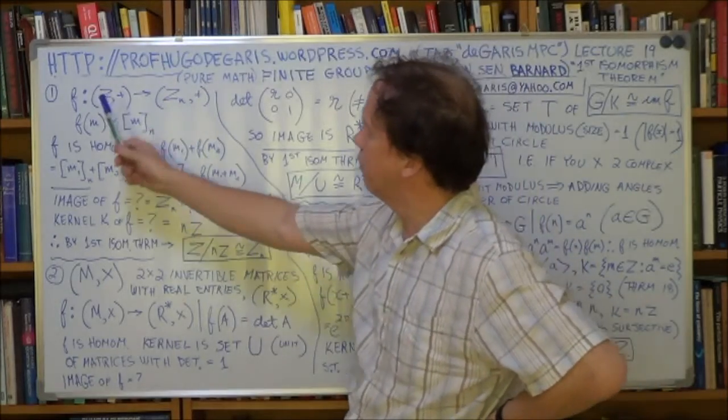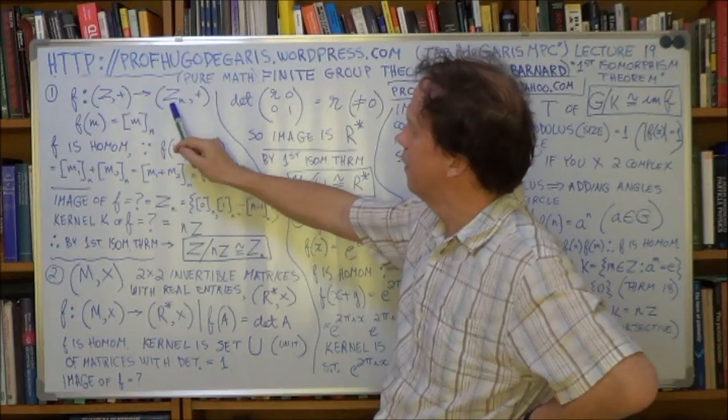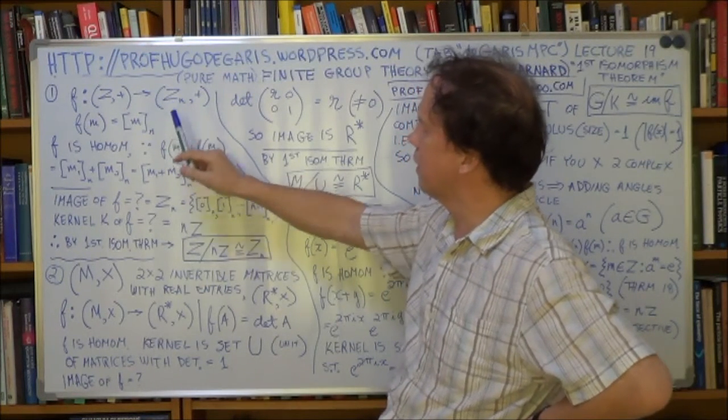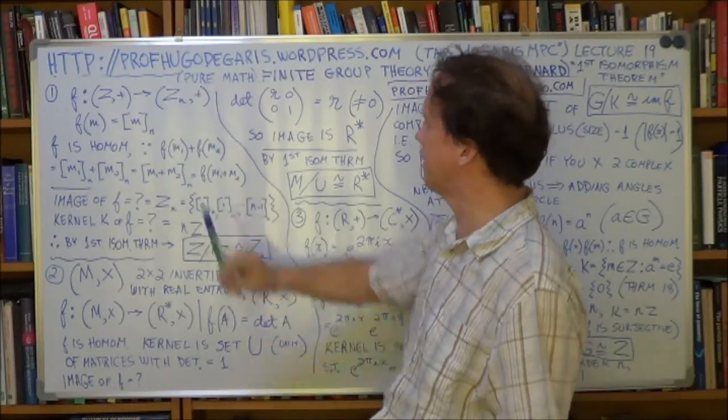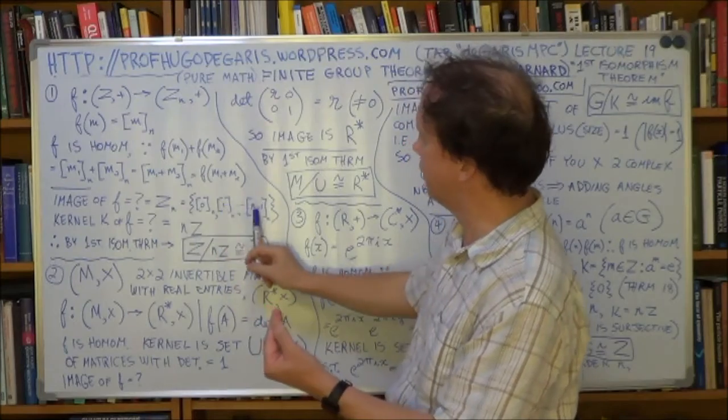So you're mapping an integer into one of the elements of this set. You take an integer and map it into one of these.